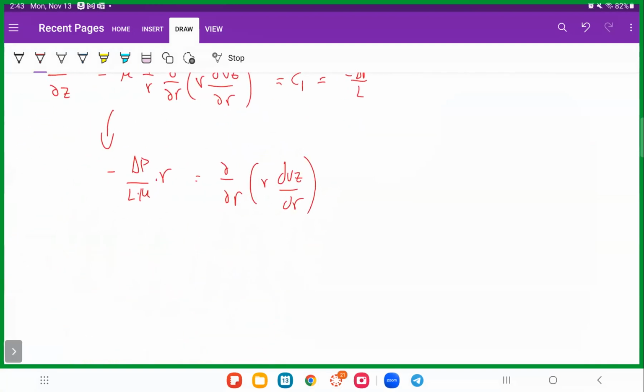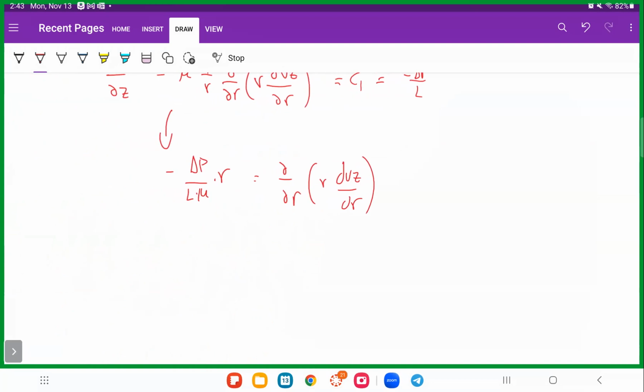So we can then take the integral with respect to R on both sides. It will be negative delta P R over L mu dr. Now we can use definite integrals because we are using a normal d, not partial, because we are not considering other variables.